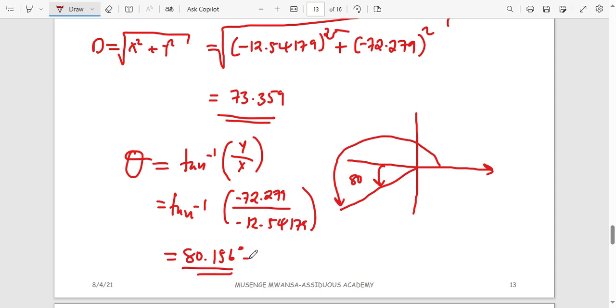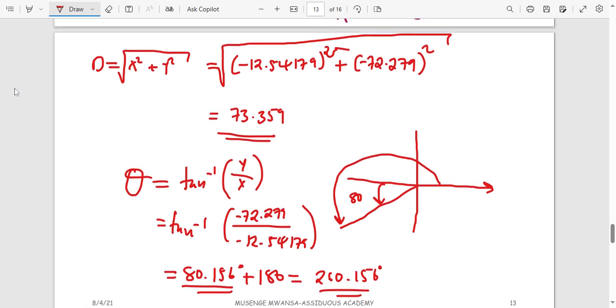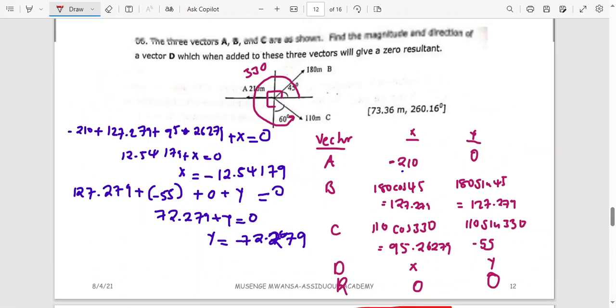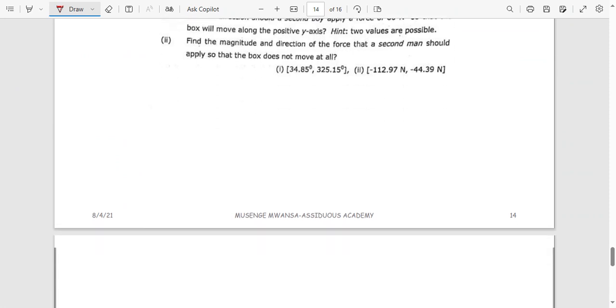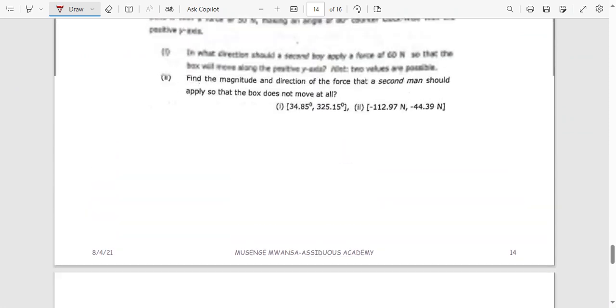So simply get this angle and add 180. So that will be plus 180, and that is going to give us 260.156 degrees. So let's compare: magnitude 73, direction is 260. You can see those are the ones. And then, is this the last question?